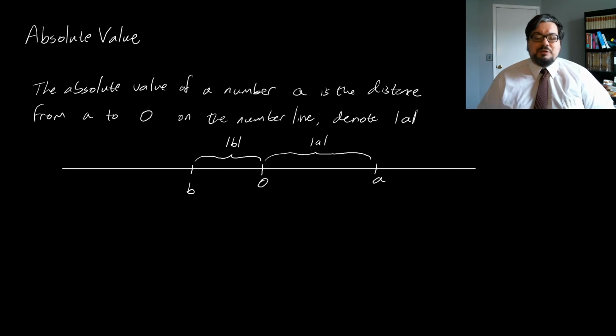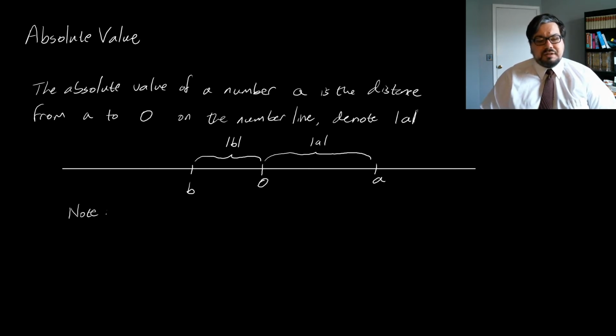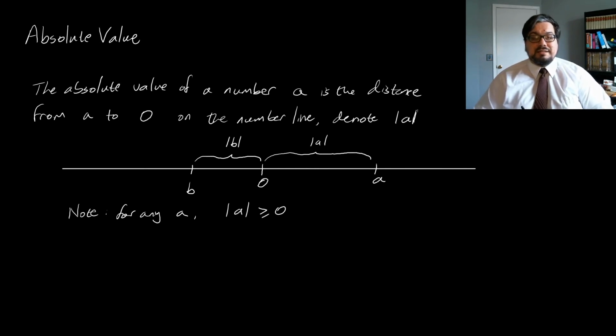The absolute value is always either positive or 0. So that's the first thing to note. That is, for any number A, the absolute value of A is greater than or equal to 0. The absolute value is never negative.